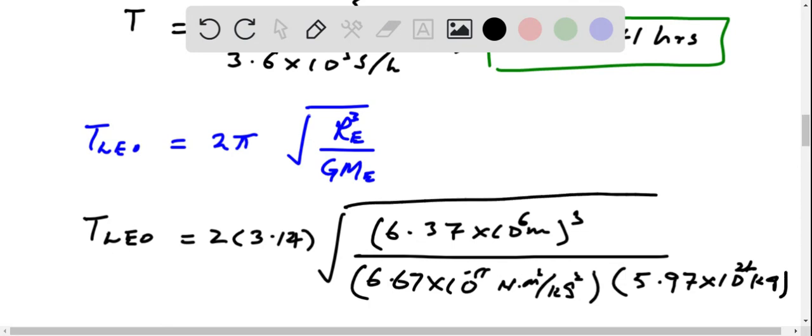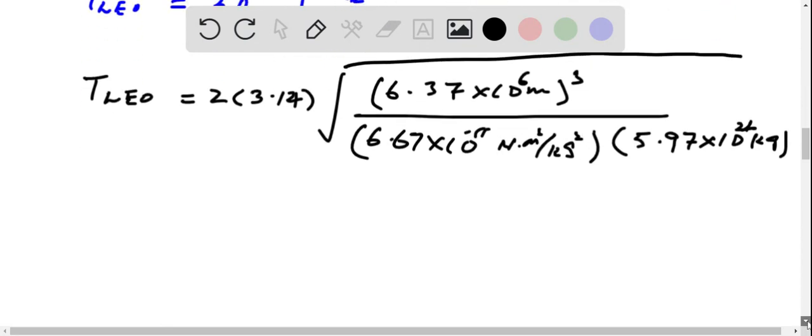And we have the square root up to this point. So from here we can write the period for low Earth orbits as T_LEO equals 1.41 hours.